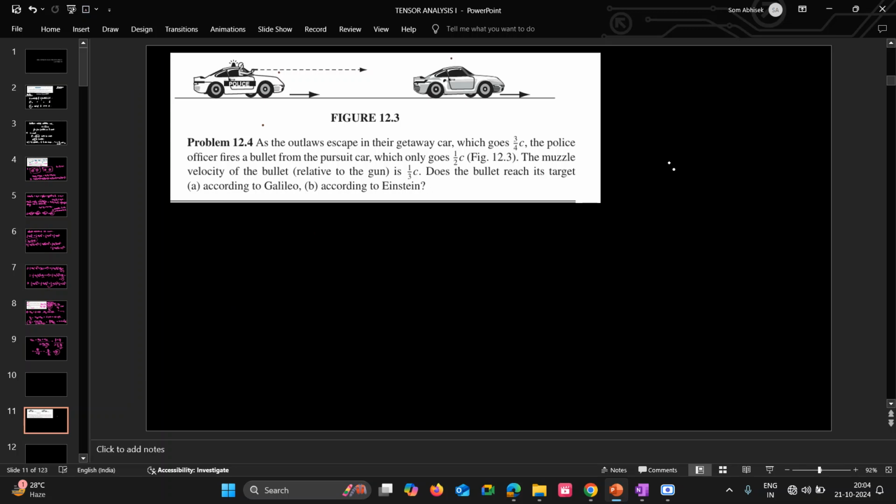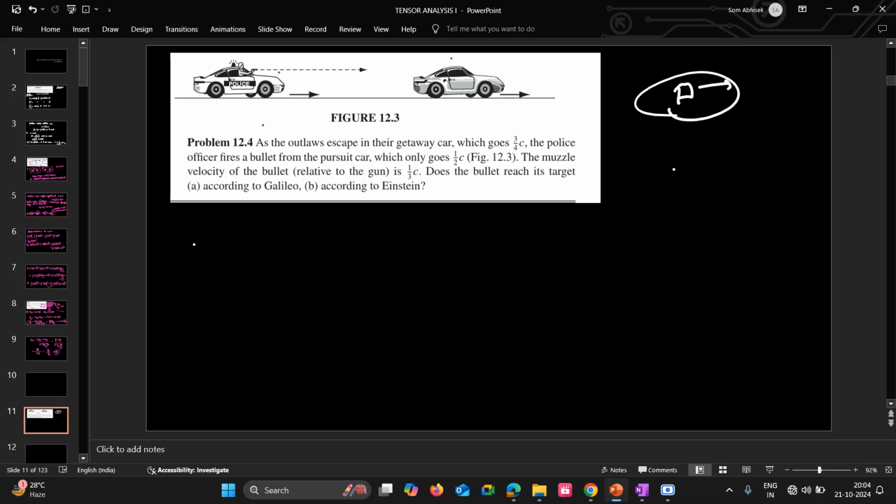The muzzle velocity of the bullet relative to the gun is 1 by 3 c. Does the bullet reach its target according to Galileo? According to Einstein? That means, will the bullet reach the other car in which there are thieves? The bullet's velocity must match the relative velocity, so we will calculate according to Galileo and according to Einstein.